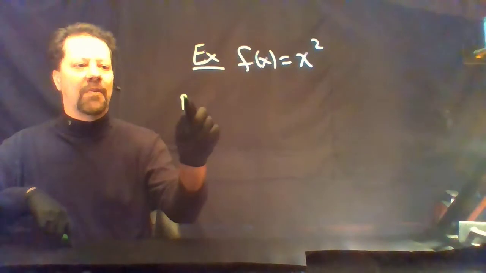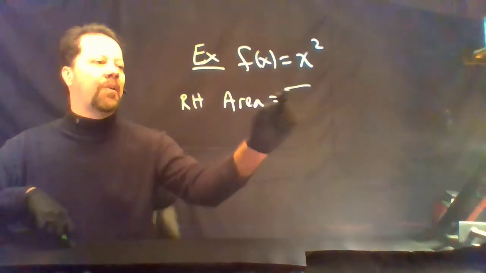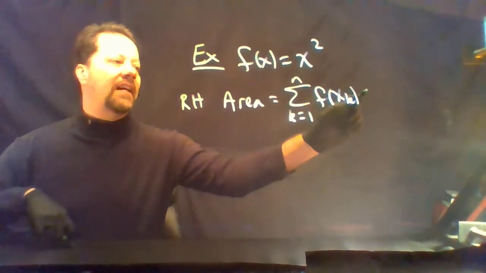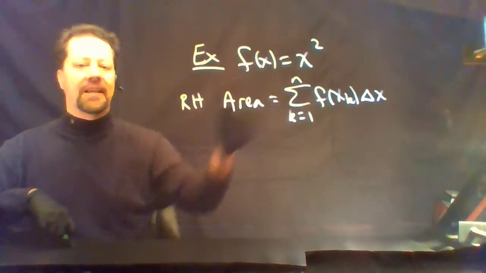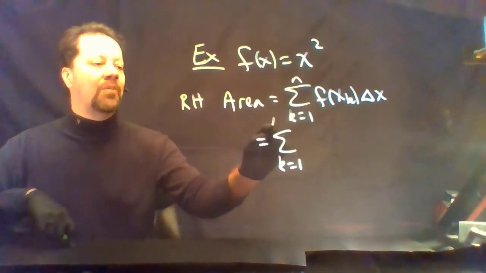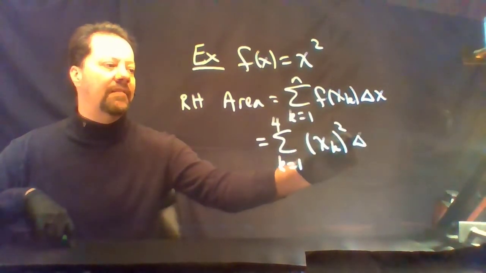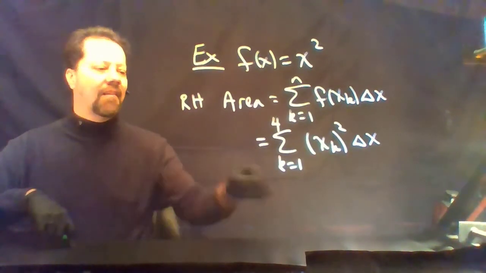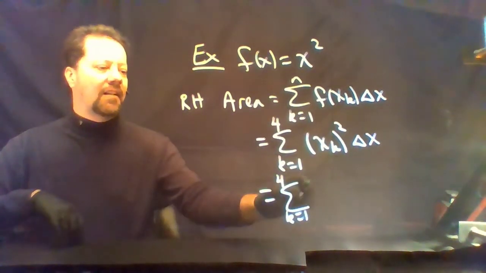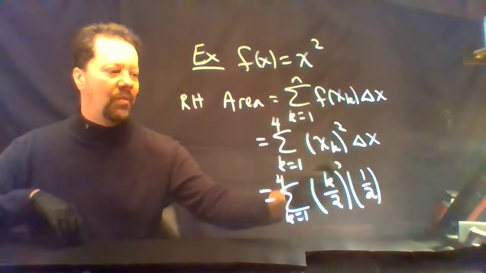According to our formula for right-hand endpoints, the area is approximately the sum as k goes from 1 to n, f of xk times delta x, our function being something that squares the things that go in. We're only summing to 4 in this case. xk was k over 2, and delta x was 1/2.